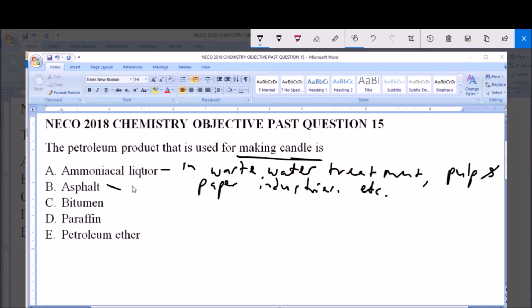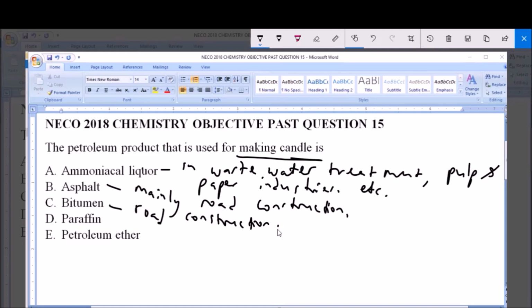Now option B, asphalt, is used mainly in road construction. So asphalt is used mainly for road construction. Now bitumen is also used for road construction and also for roofing and paving, making of pavements.